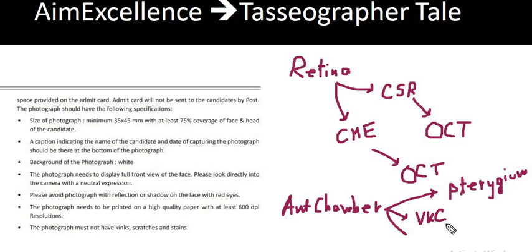From phlyctenular conjunctivitis, they can give a pictorial question, but vernal is more important, and trachoma. Trachoma is always going to be very important.